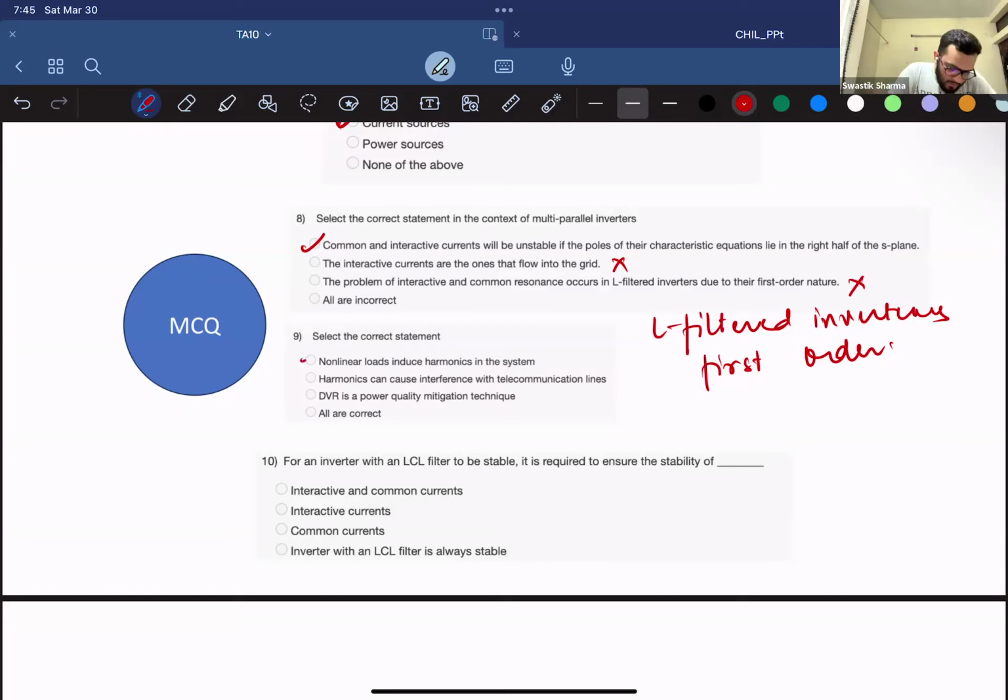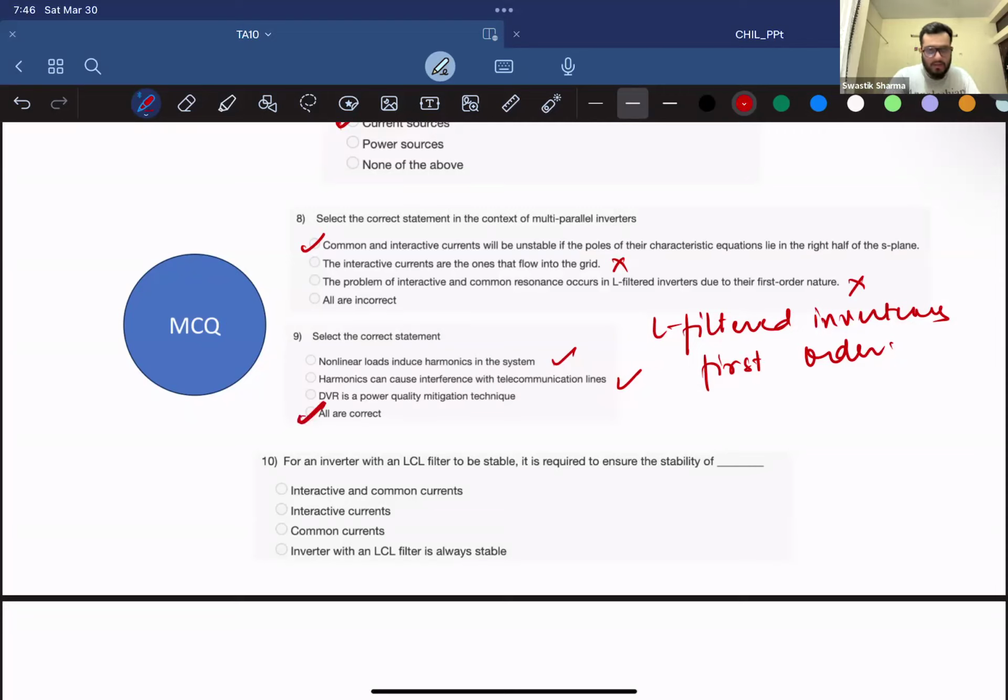Yes. So nonlinear loads induce harmonics in the system. This is true. Harmonics can cause interference with the telecommunication lines, because these are high power frequency components, right? And you've heard that high power frequency components could cause EMI or radio interference. And DVR, which is a dynamic voltage restorer, you can call it a filter, is also a power quality mitigation technique.